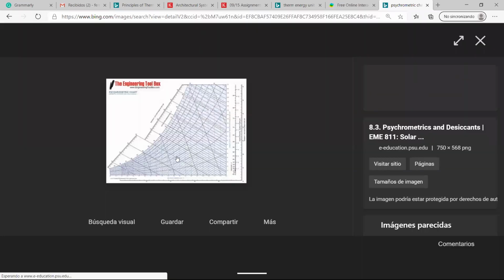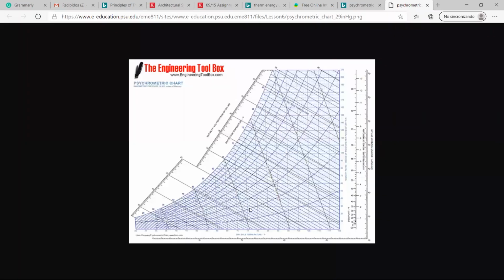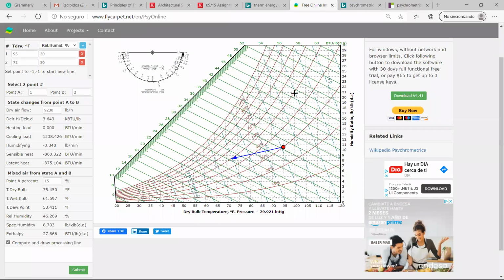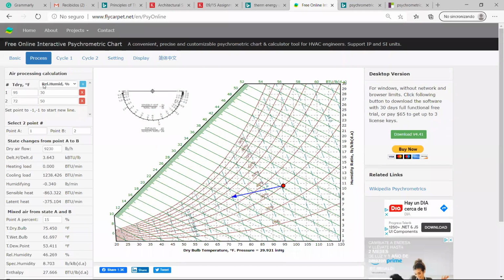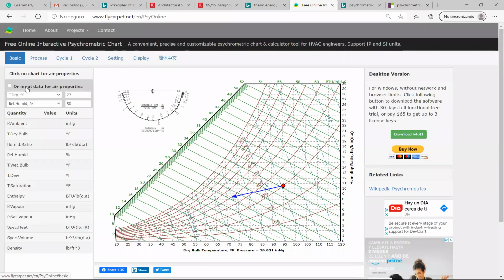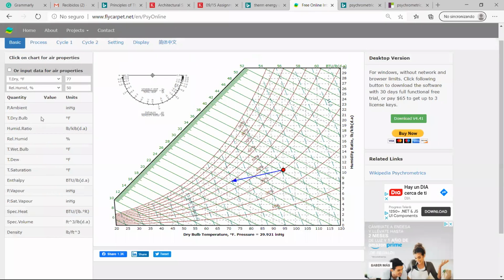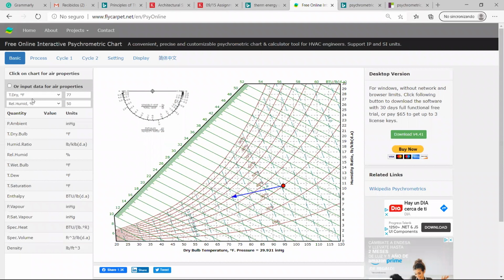Okay, so you can always use this chart, and okay, 70 and 50%, and then you go in different directions and you take the parameters, the enthalpy, the dew point, everything like that. Okay, so we can do this totally by hand. If we use this, we can go to the basic tab, and on the basic tab, one by one, I can find out the enthalpy of the interior conditions and the enthalpy of exterior conditions, and then I can make all these calculations by hand.